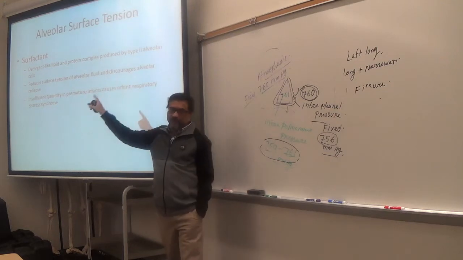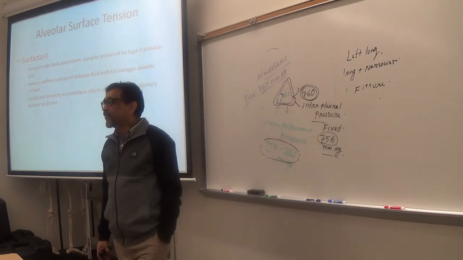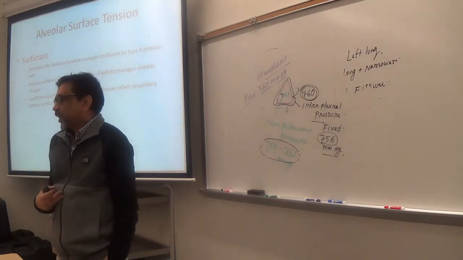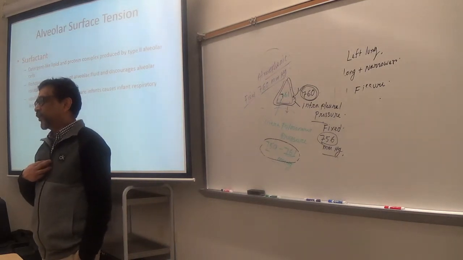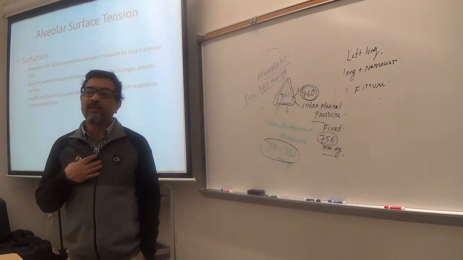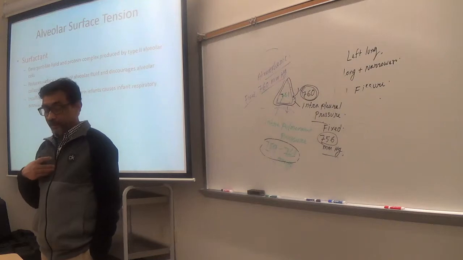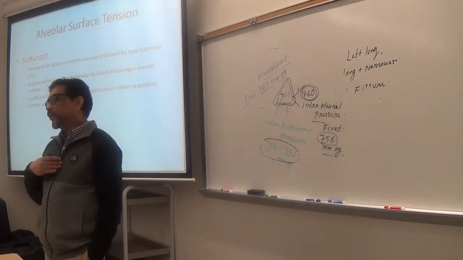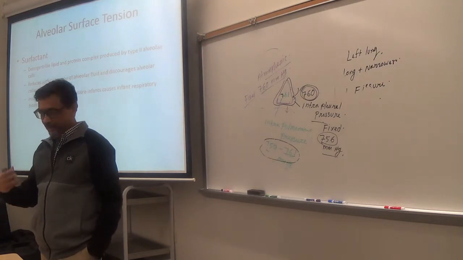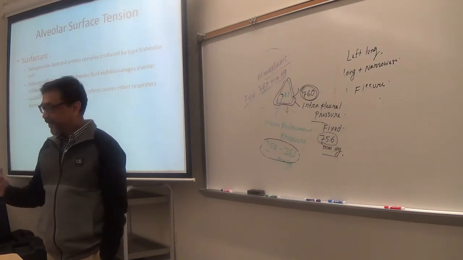Okay? Due to lack or absence of surfactant secreting cells. So that can happen due to genetic disorder, right? Or if it's genetic, will they die? Yeah. If it is due to premature birth, right? Then it may grow, the cells may.